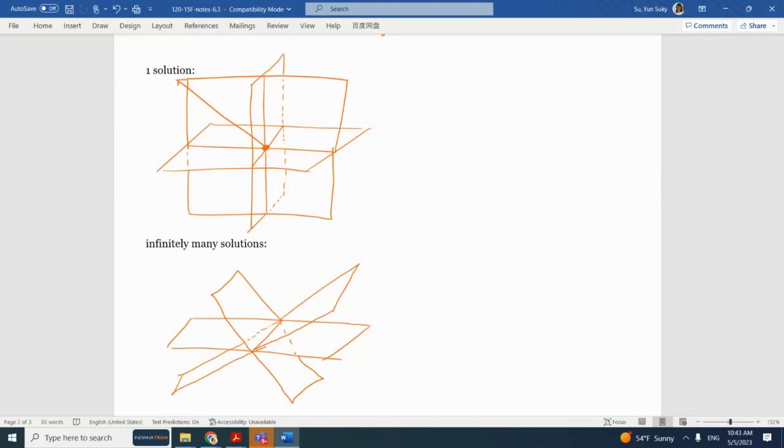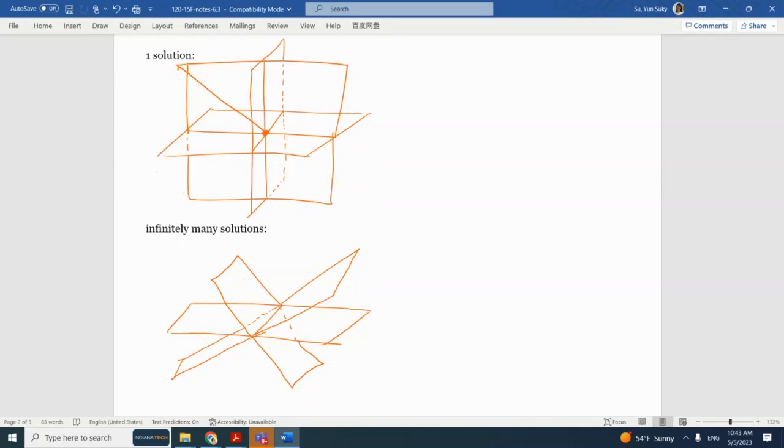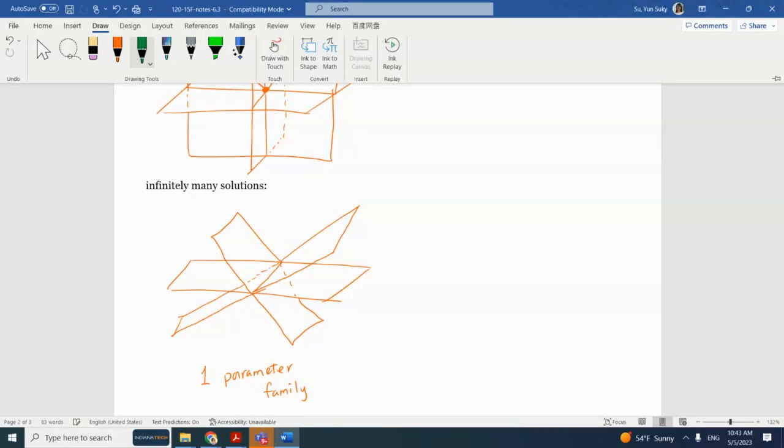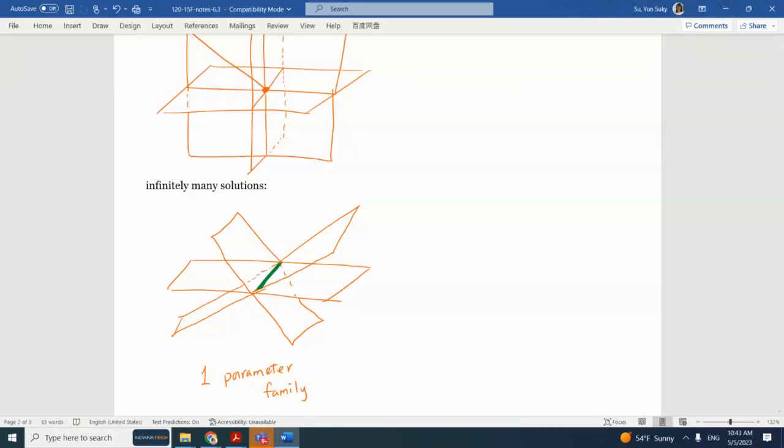Oh, it's like a book. Do you agree? It looks like a book. It has so many pages, but it intersects at one line. So in this case, this is a one parameter family. The intersection is a line.